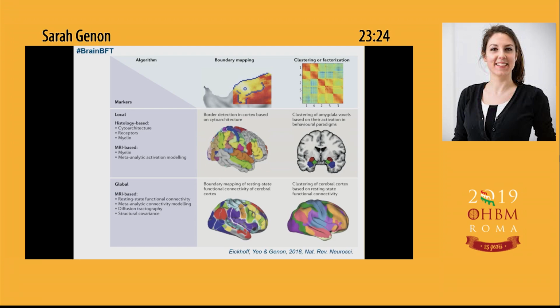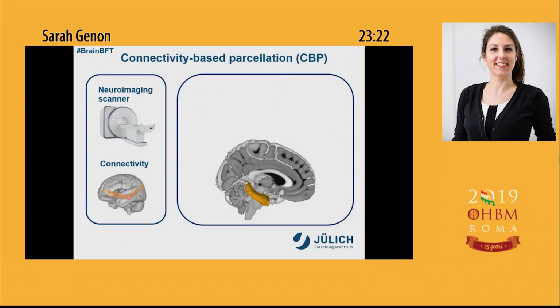Now I will focus a bit more on connectivity-based parcellation, because this is an approach that is so widely used, and most of the next talks will also focus on this approach. The basic conceptual idea is that using a neuroimaging scanner, we get information about the connectivity of the voxels or the vertices, and we can study a specific brain region or the whole brain directly.